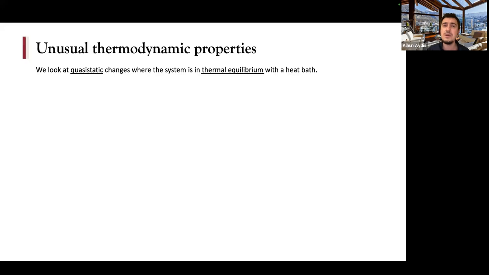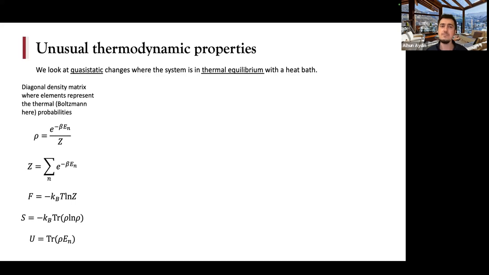So these changes that we do in the system are infinitely slow, and we are always in contact with some heat bath at temperature T. So our density matrix is basically diagonal, and this is how we calculate partition function, free energy, entropy, and internal energy, basically standard statistical mechanical framework.